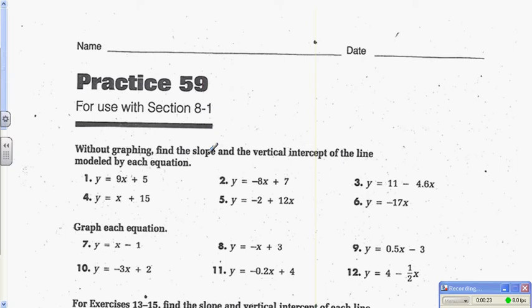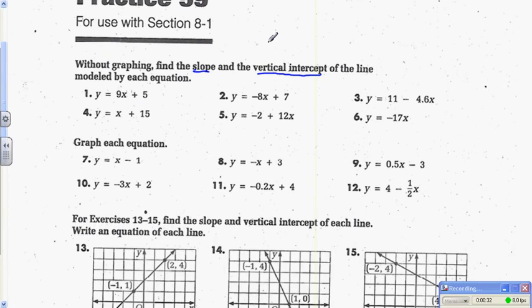Without graphing, find the slope and the vertical intercept of the line that's given. Well, we said that we have y equals mx plus b, where m was the slope and b was the y-intercept.